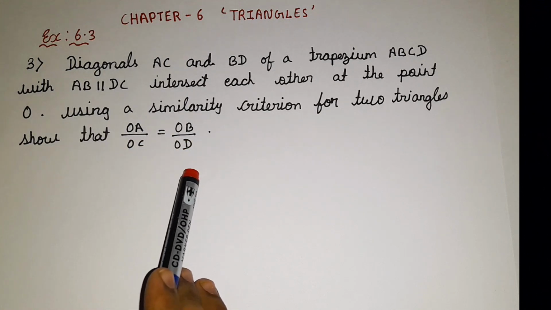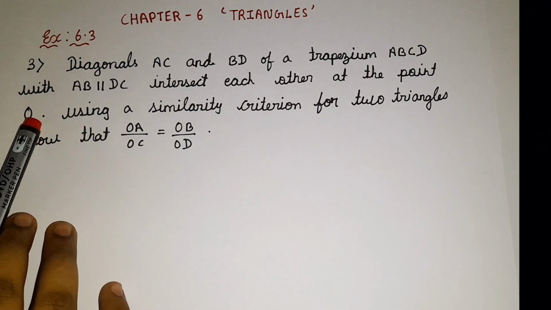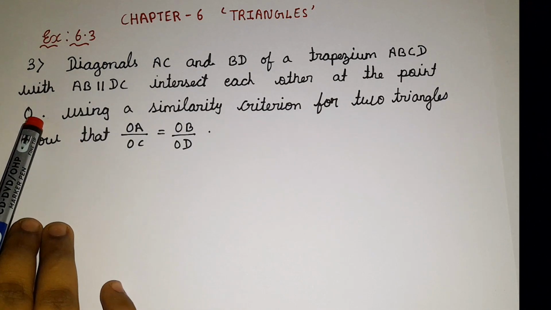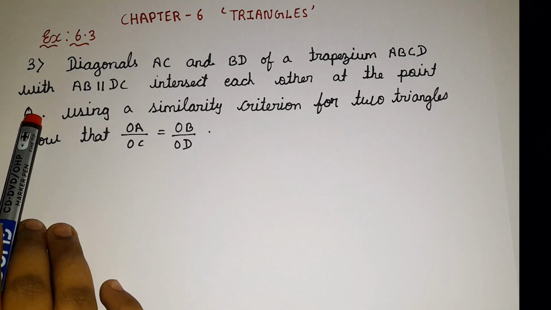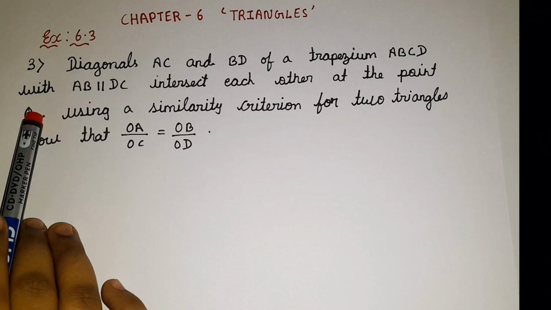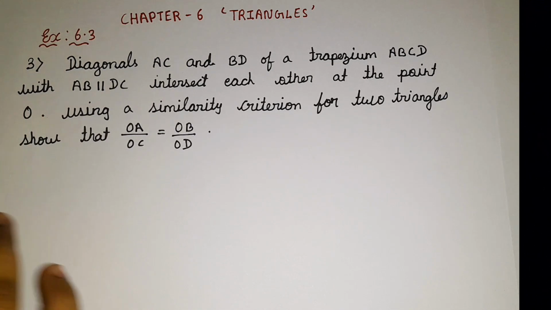Okay guys, at the starting of this sentence, they just mentioned the information of a trapezium. What is a trapezium? It is a figure, and we can just call it a quadrilateral. Quadrilateral means which will have four sides.